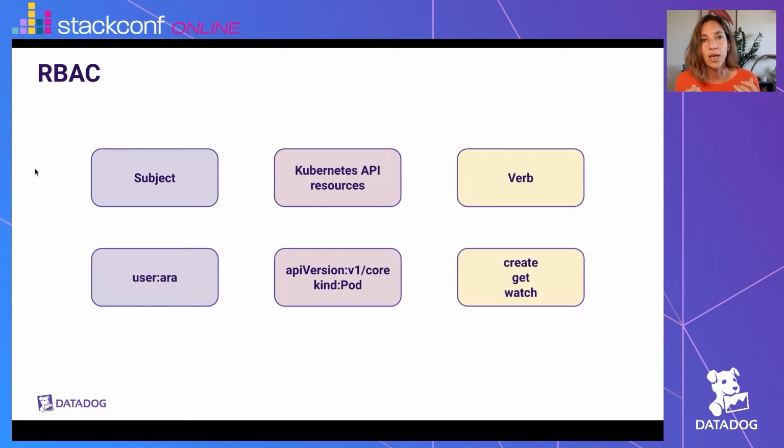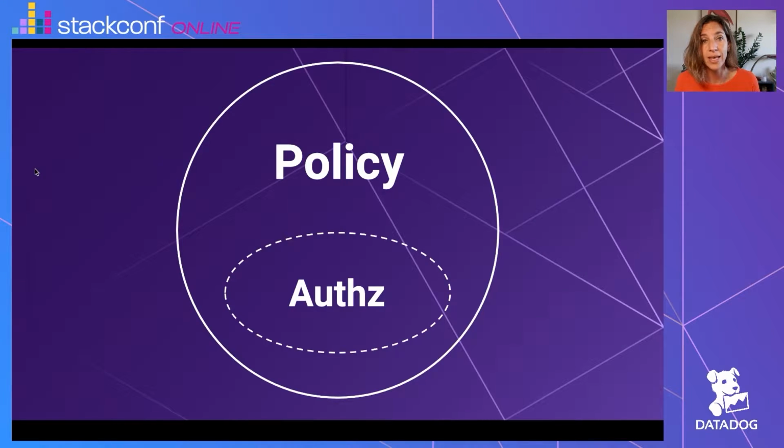So if we already have RBAC and it's well understood, well known, why do we need something else? The reason is that auth, which is what RBAC tries to solve, is just a subset of all the different policy that you want to describe in your cluster.